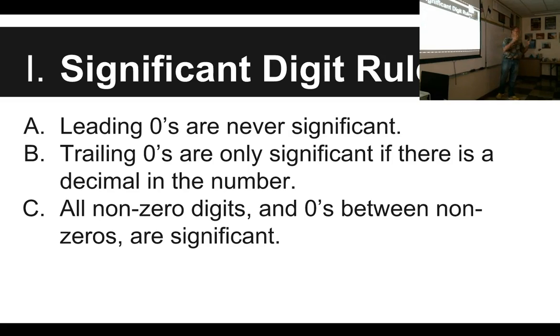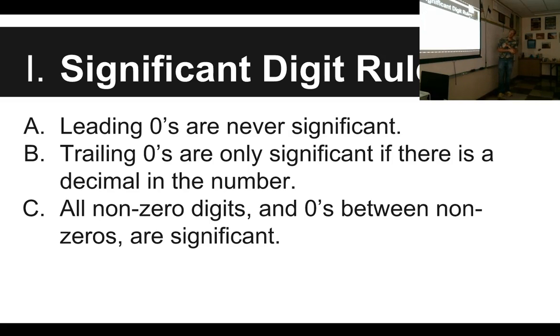So the number 600, if there's not a decimal point, there's only one significant digit, the 6. 600 with a decimal point, there are 3 significant digits. Even if there's not any placeholders after the decimal point, if there's a decimal point, then the trailing zeros matter. The trailing zeros are significant.